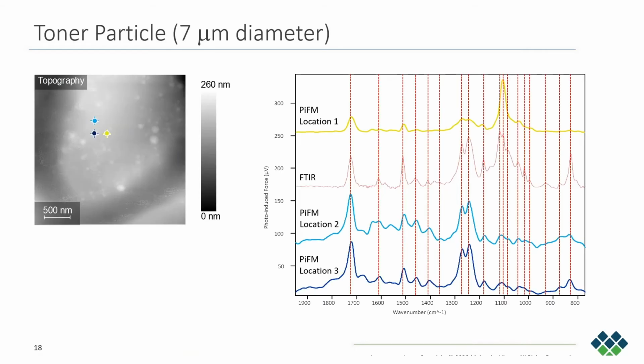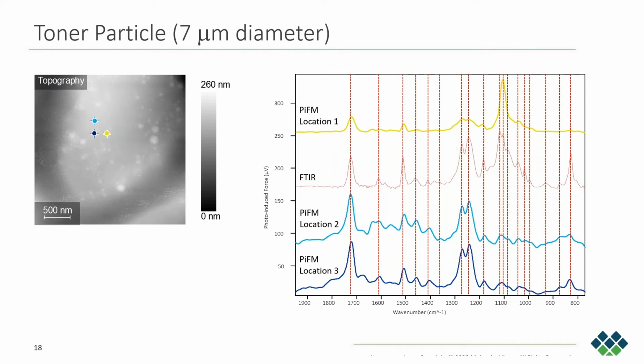So here we show a laser toner particle, which actually has multiple components. When you take an FTIR of such a sample, as shown here in red, you don't expect the nanoscale PFM spectra to correlate as you would on a homogeneous sample, because at the nanoscale there would be inhomogeneity.